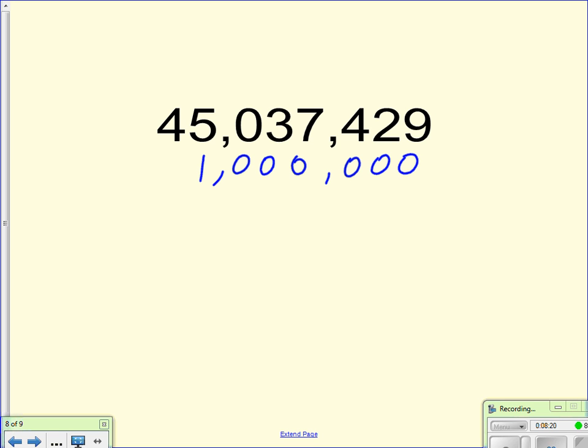I end up with this: 1, 0, 0, 0, 0, 0, 0, 0. The first column is 1,000. I know the second column is 1,000,000. So it's 1 million. 1 million is where the 5's at. 5 is in the 1 million place value column.